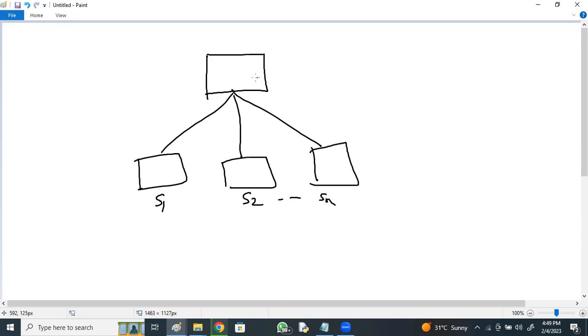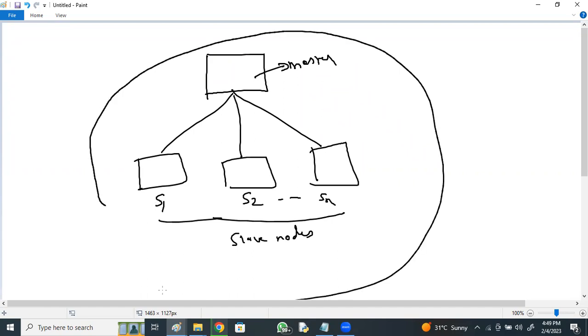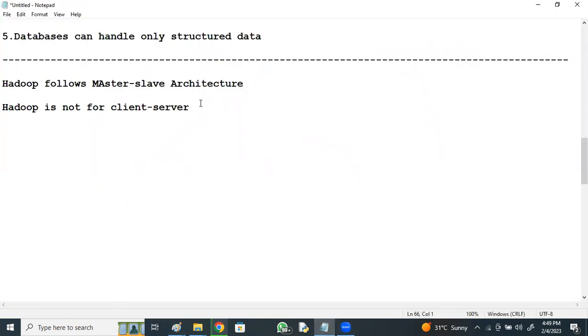This is the master node. These are slave nodes. Slave nodes means systems. This entire thing we call a cluster. What do you mean by a Hadoop cluster? A group of nodes connected in a network.